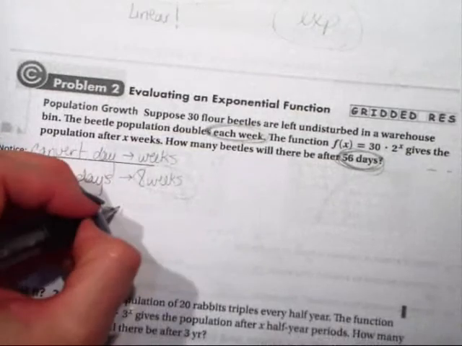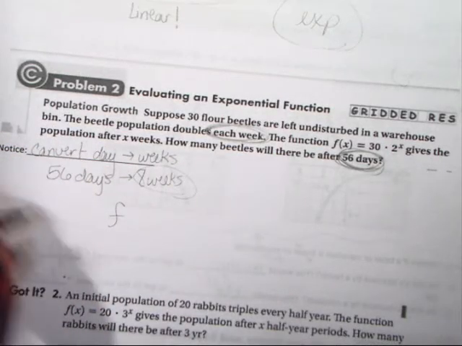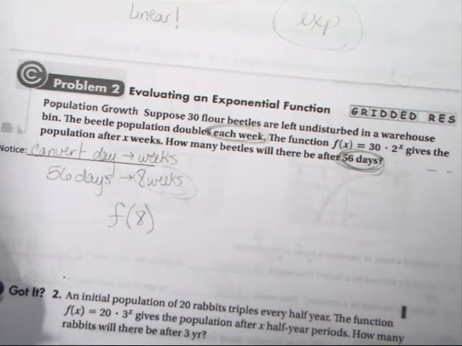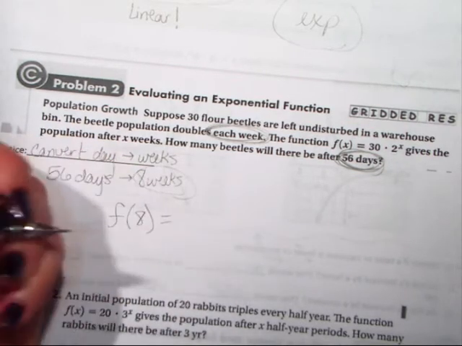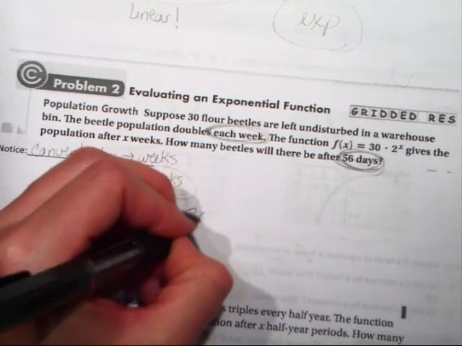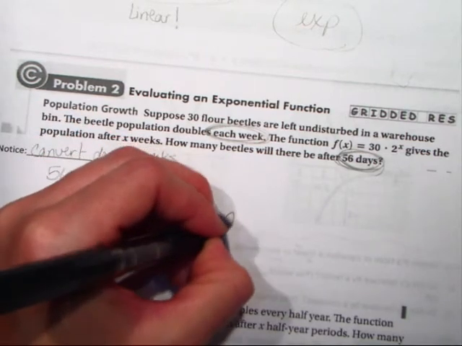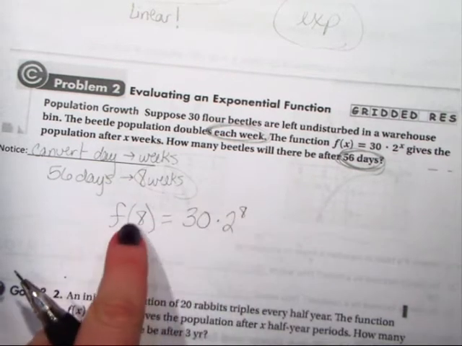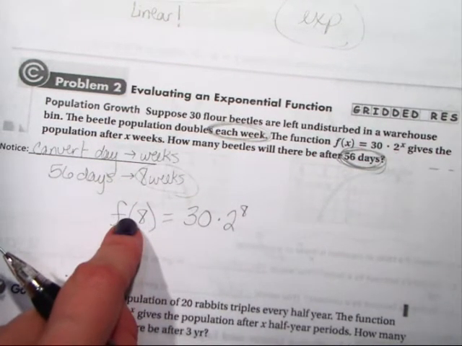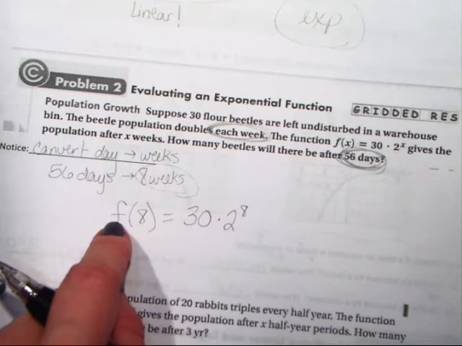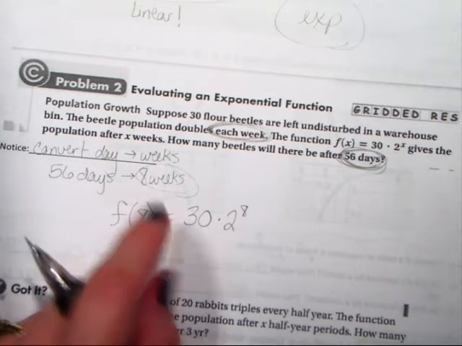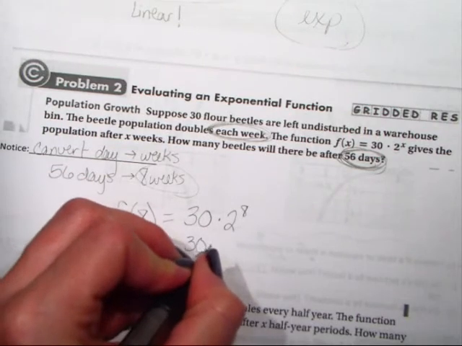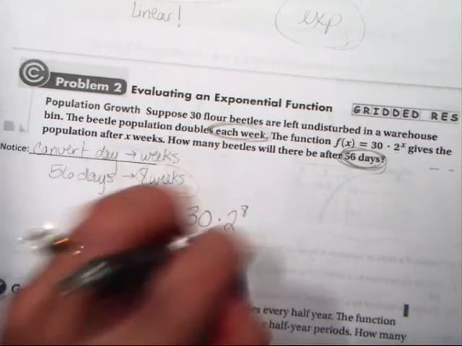So here we go. My function, do that cursive little f, after 8 weeks is defined by my original amount of 30 times 2 to the 8th power. Remember, this doesn't mean f times 8. This is actually just saying my function defined at the value of 8 is, so that would be 30 times, well, 2 to the 8th power, I have my answer key here, it's 256.